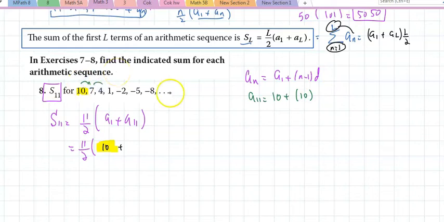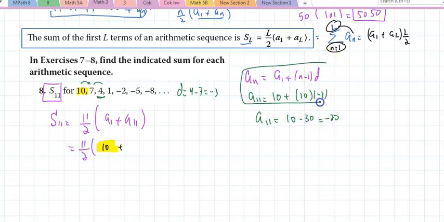To find the common difference, take any term, subtract it from the previous term. So I almost always, 98% of the time, need to figure out what the common difference is. I have to use the general term, I'm sorry.